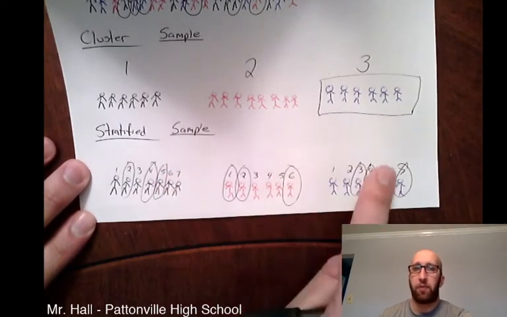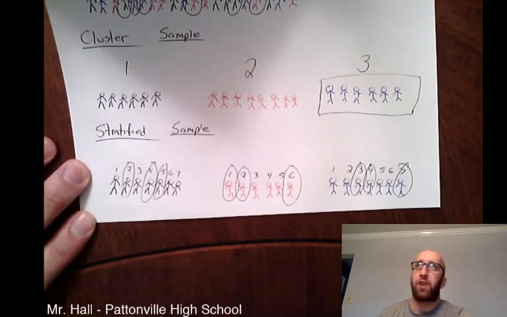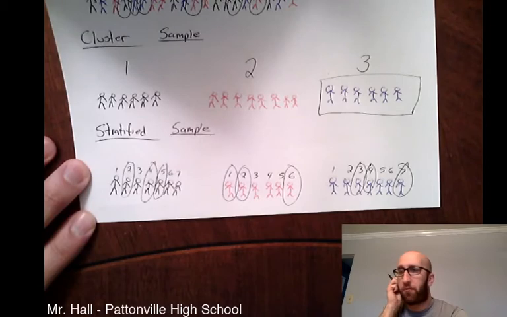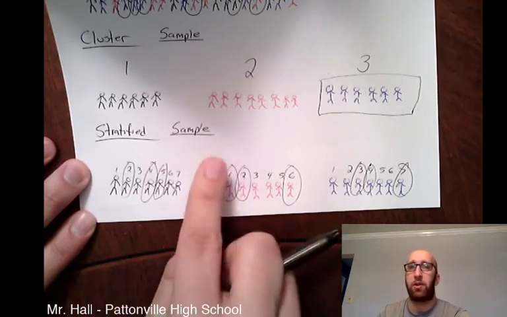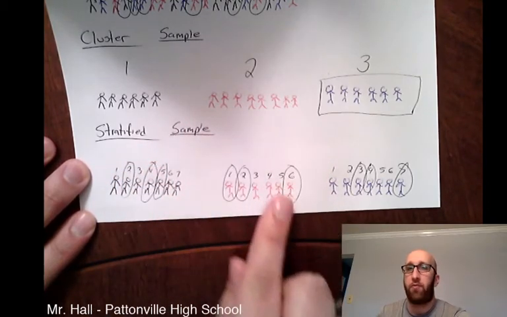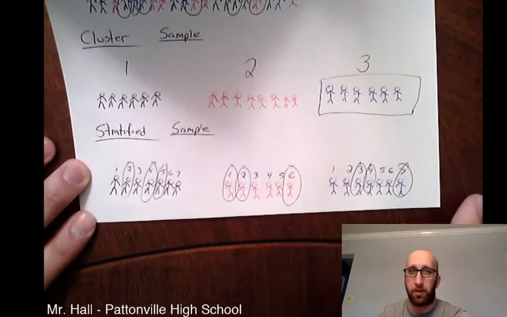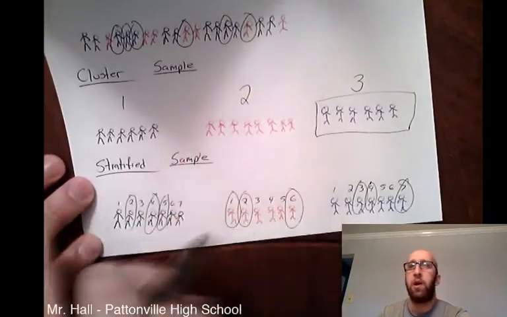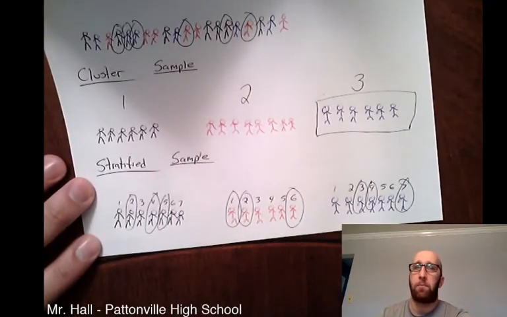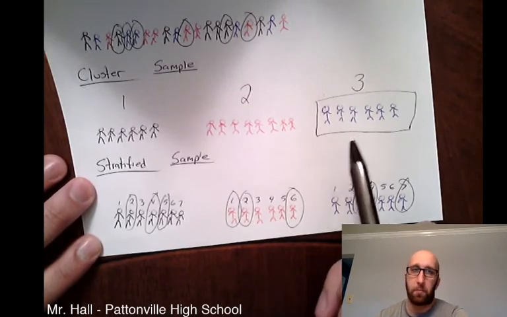So we get a few from every single group. If I'm trying to figure out something between freshmen, sophomores, juniors, and seniors, I want to make sure the freshmen, the sophomores, the juniors, and the seniors are all represented. With a cluster sample, you might recognize that breaking the population up into groups is important, but you're just going to take an entire group and see how that entire group is doing.